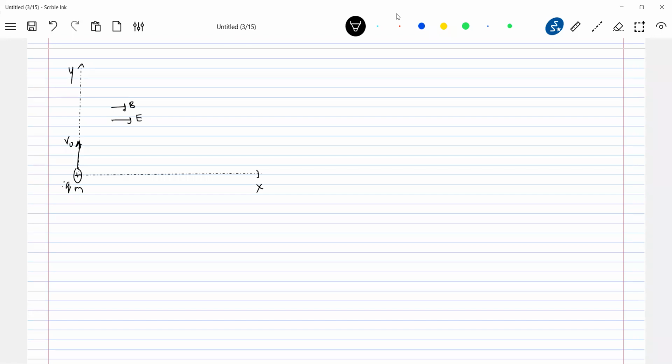How will that helical path be? So at t equals 0, let me write a small description.